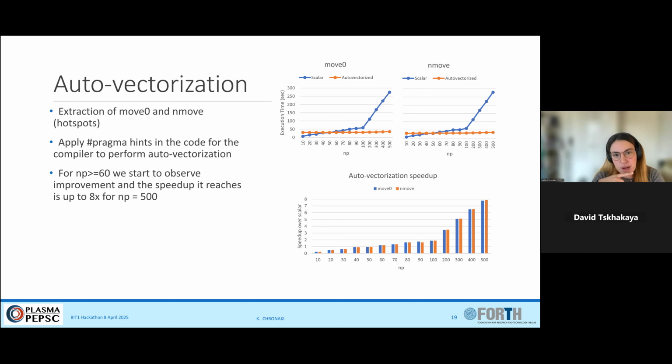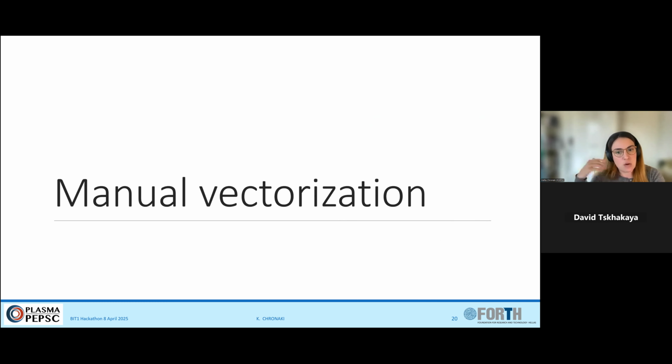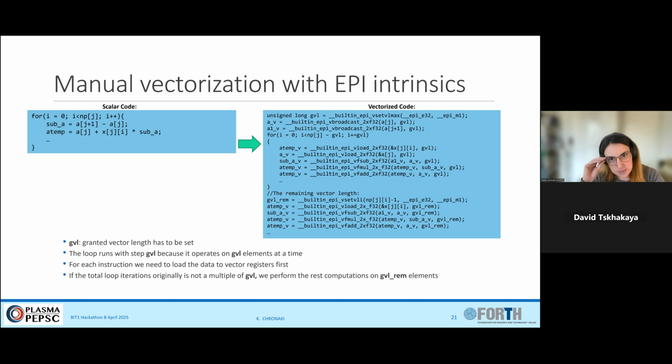And our improvement reaches up to 8 times faster execution for 500 iterations. This is with the automatic vectorization. And now let's see what we can achieve in terms of performance with manual vectorization.